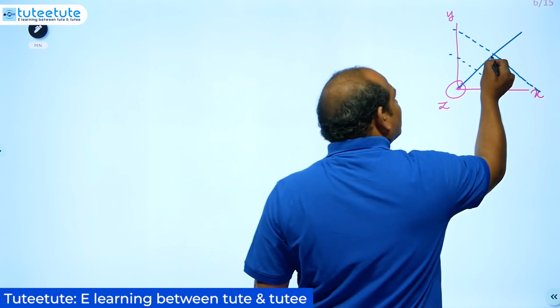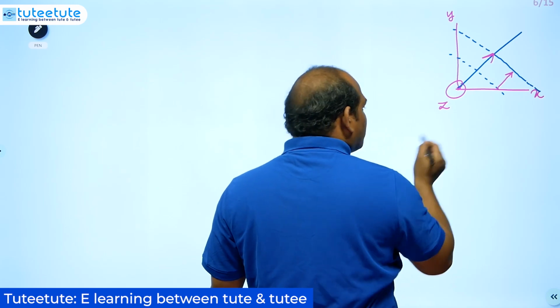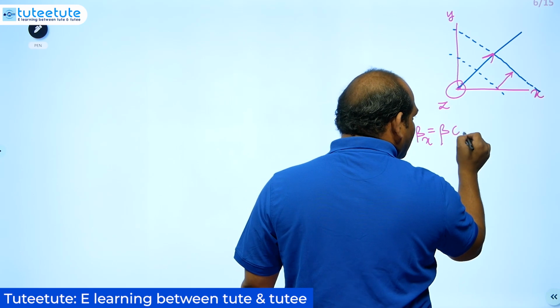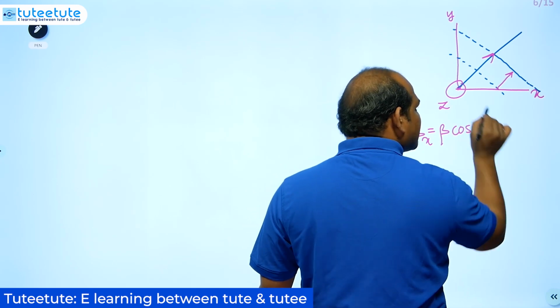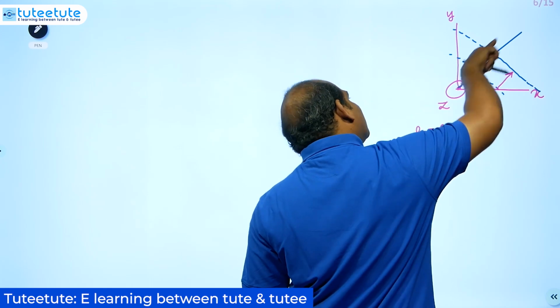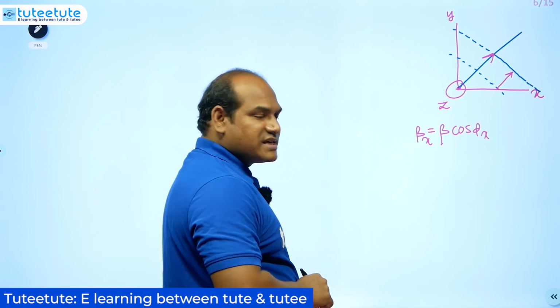Generally, the wave is traveling in this direction. But already we got beta x is equal to beta cos phi x. This is the phase constant along x direction. But actually the wave is traveling in this direction. So along x direction, what is the phase constant? This one you have to utilize.